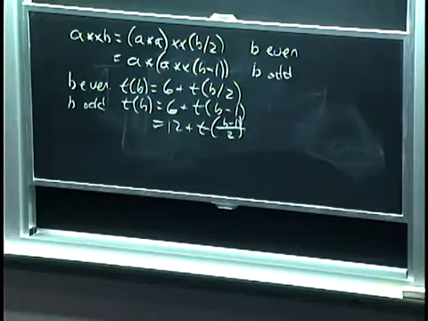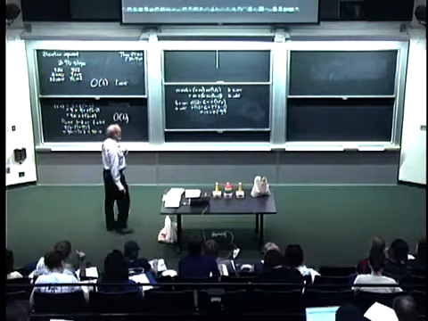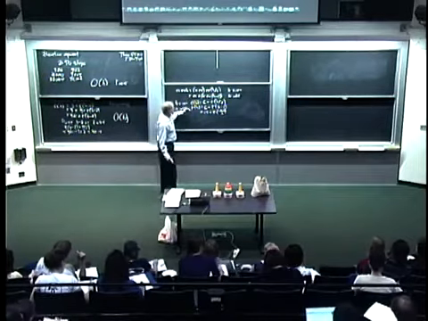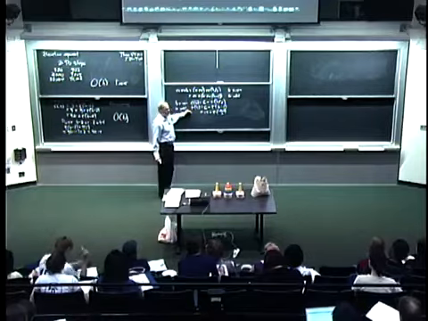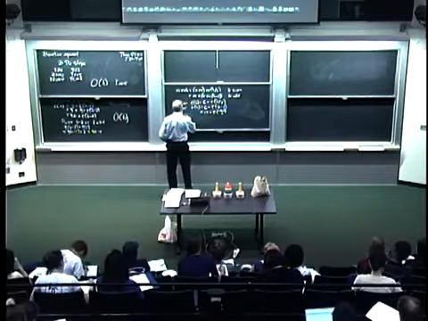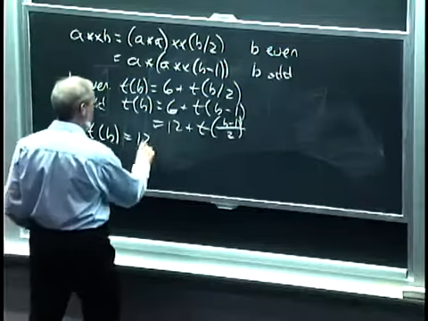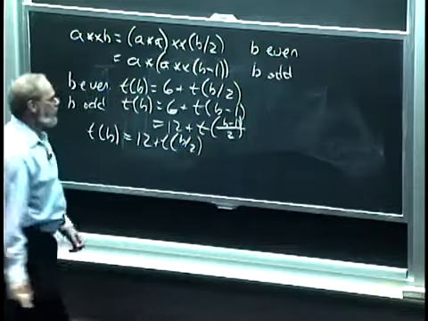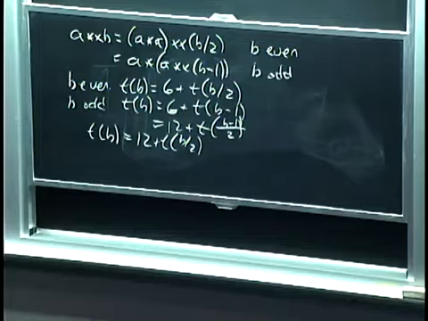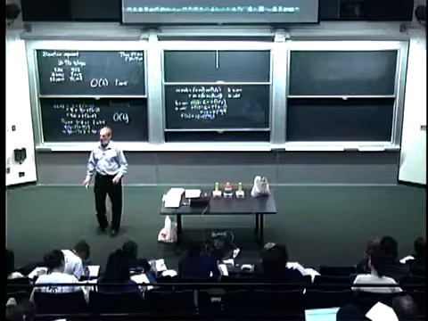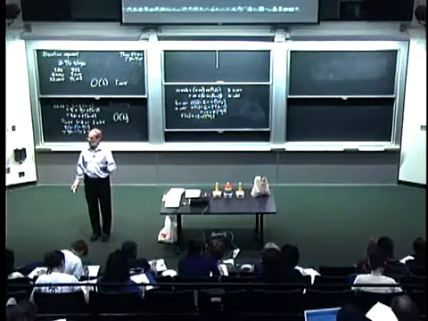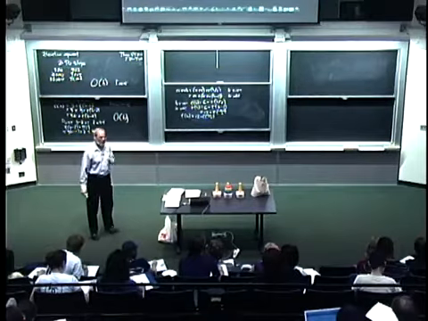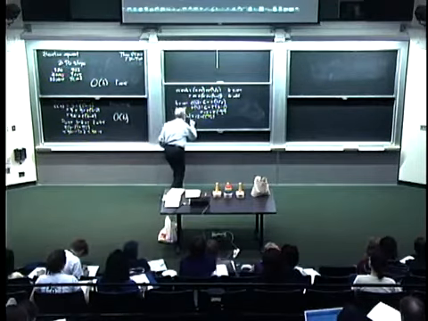Don't sweat the details here. I just want you to see the reasoning. What I now have, though, is a nice thing. It says in either case, in general, T of B, and this is where I'm going to abuse notation a little bit, I can basically bound it by 12 steps plus T of B over 2. Okay, the abuse is, it's not quite right. It depends whether it's odd or even. But you can see in either case, after 12 steps, 2 runs through this, I'm down to problem size B over 2. Why is that nice?